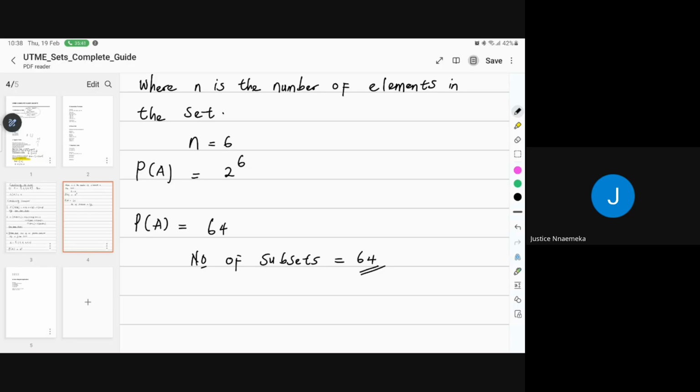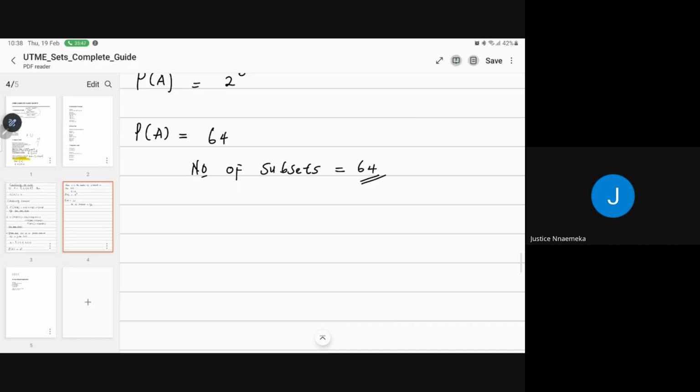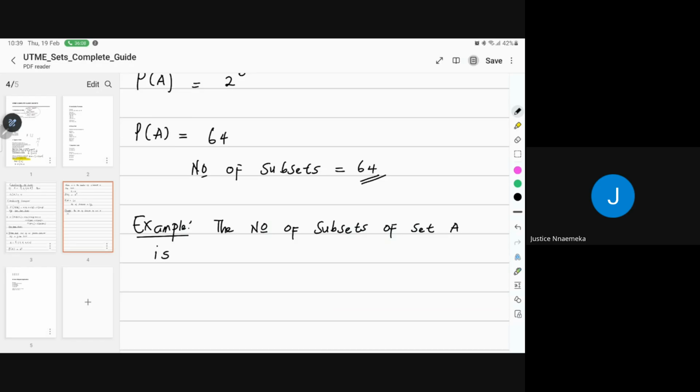Now, sometimes questions can come like this. You can have tricky questions like this. For example, the number of subsets of set A is, let's say, 16.